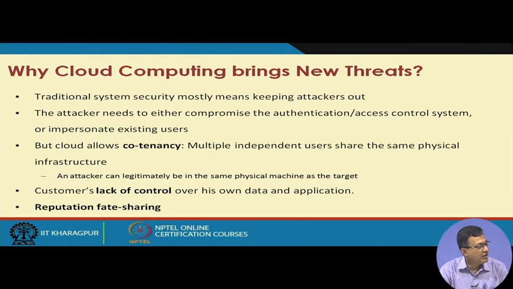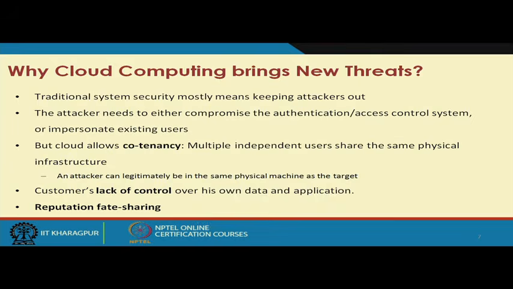So, what new threats come into play here? Traditional system security mostly means keeping attackers out. If I say IIT Kharagpur needs to be secured as an enterprise with its network, then I have a very strong setup so that attackers are kept out. I have different mechanisms to keep even internal attackers out.